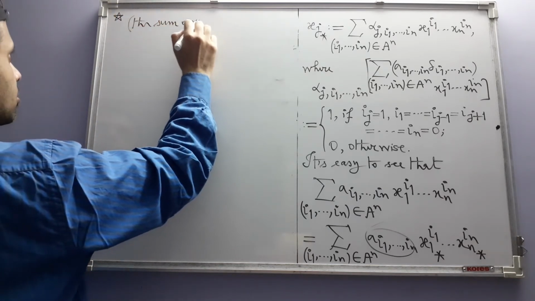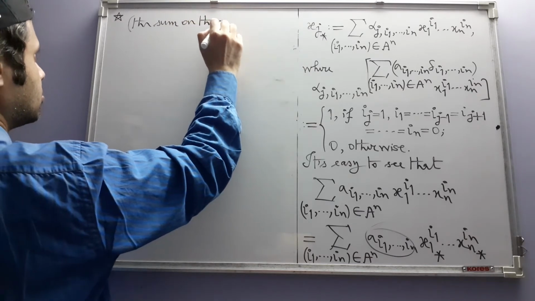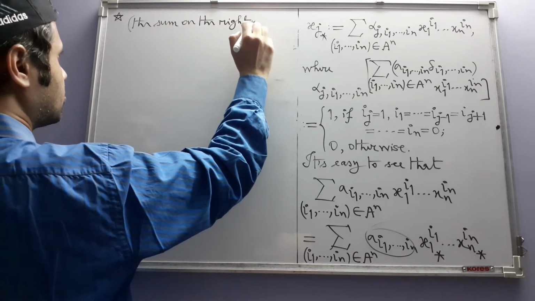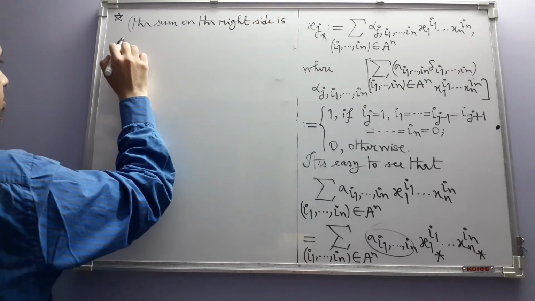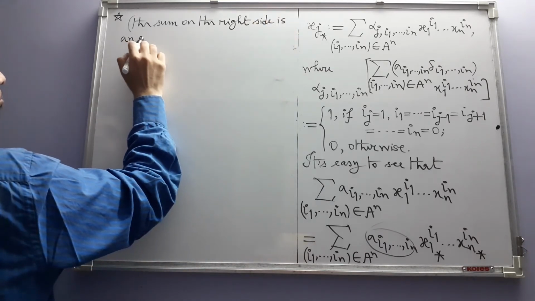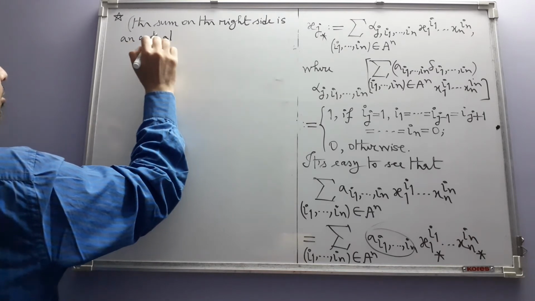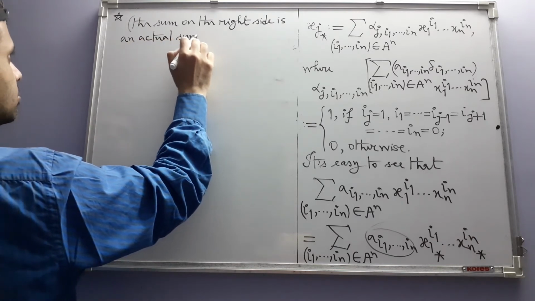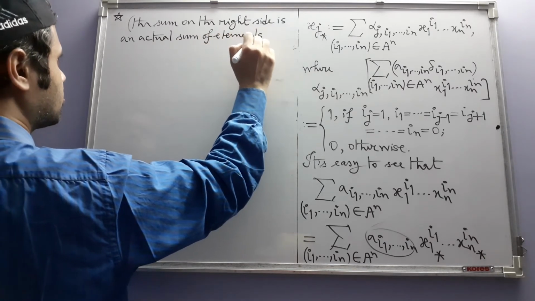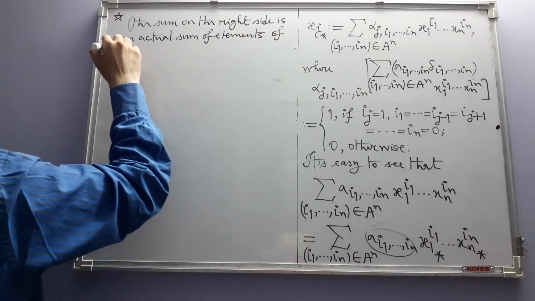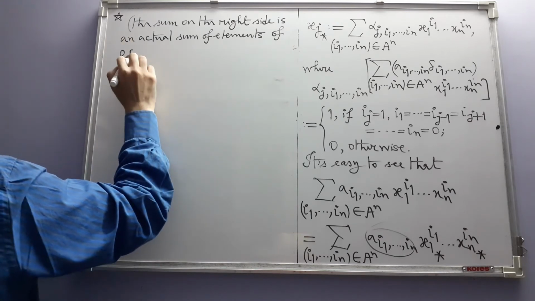The sum on the right side is an actual sum of elements of our ring.